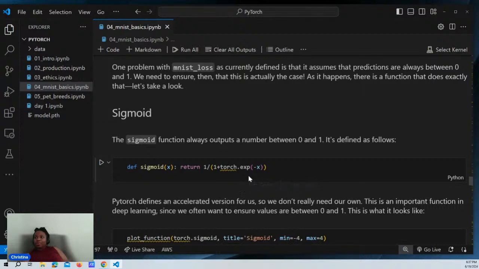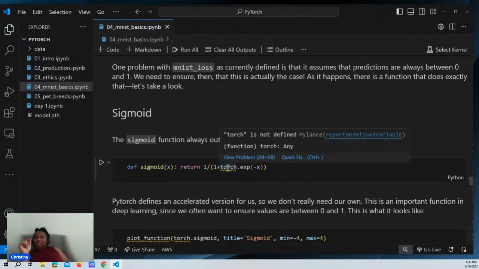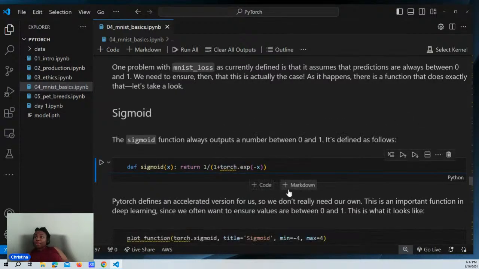It's actually now a sigmoid function, which looks like a sigma. I don't remember what they do. It allows outputs of a number between 0 and 1. Okay, yeah. PyTorch has a built-in version.